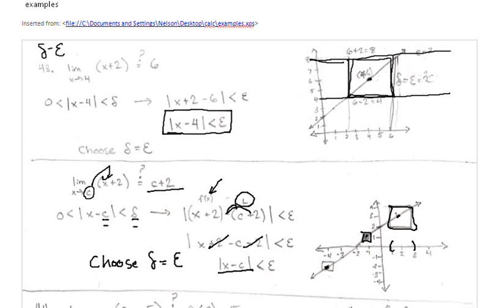So if you gave me a height of 0.001, my width would also be 0.001 for my box. This means that the limit is actually defined everywhere at each of these points. And I just wanted to show you in this one simple example what that looked like. Next time we're going to do number 44.